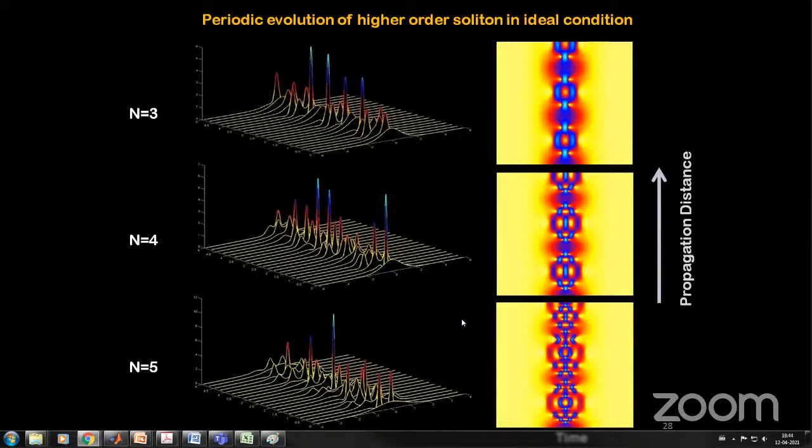It can be 1.5, 1.2, 1.8, etc. In all the cases, you will find there is some sort of periodic evolution. I hope this figure helps you to understand.